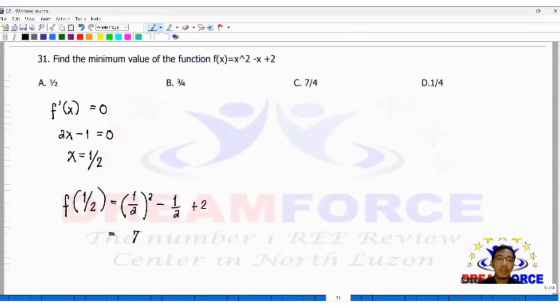So the answer is 7/4. So letter C. Ibig sabihin ng hinahanapan ng minimum value, yung y or yung function x. Baka ang sinagot nyo ay yung 1/2, nandoon yung minimum value. Doon siya nangyari sa x equals 1/2.